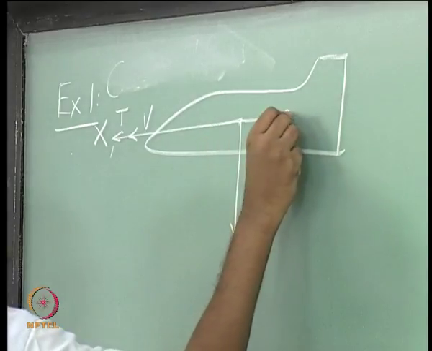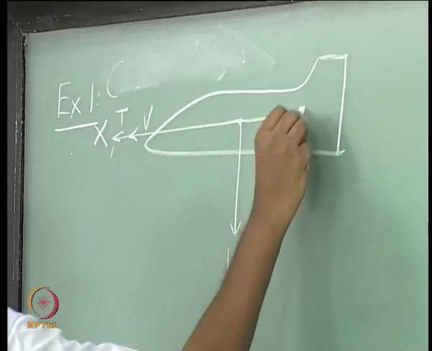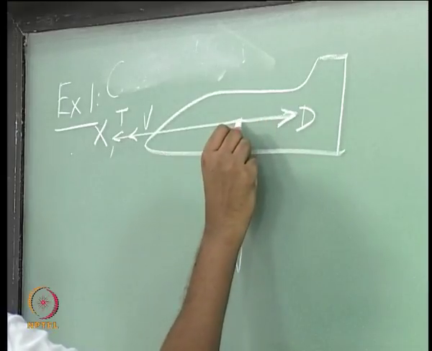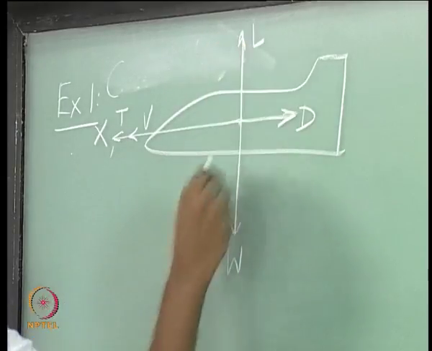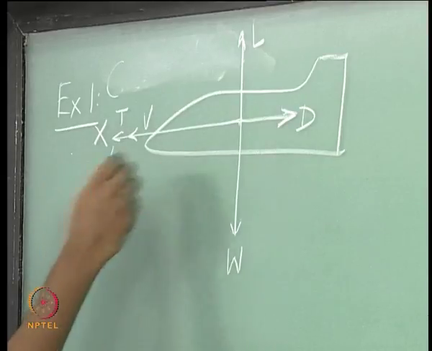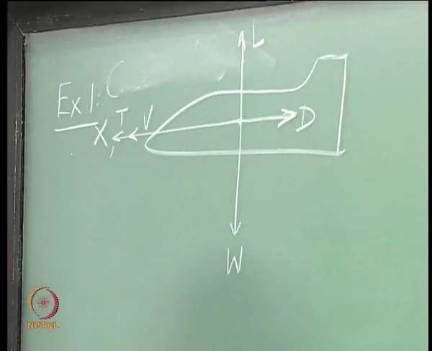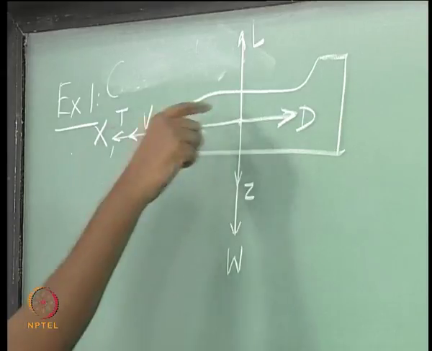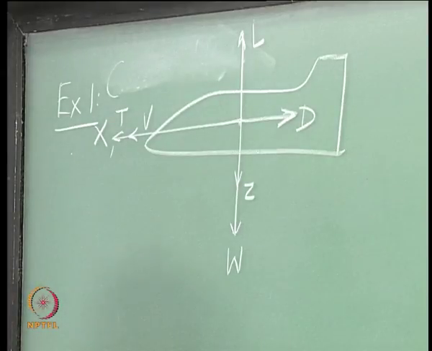So, the equilibrium state and the corresponding equation are just balance of these forces in the x and z direction.